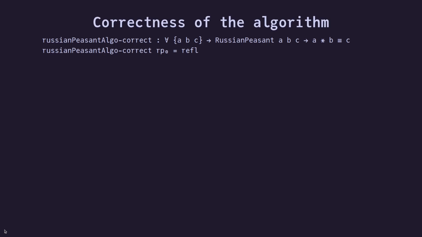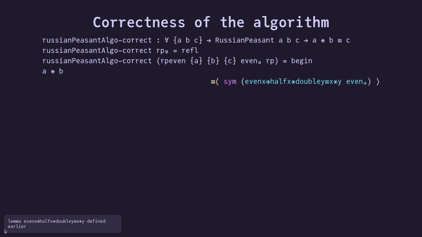If the relation was built using RP0, then a is 0 and c is 0, and the statement becomes 0 into b equal to 0, which is true by definition. Agda reduces both to the same normal form. If the relation was built using RP even, then we begin with a into b. We have earlier proved a lemma that a into b is the same as half a times double b when a is even.